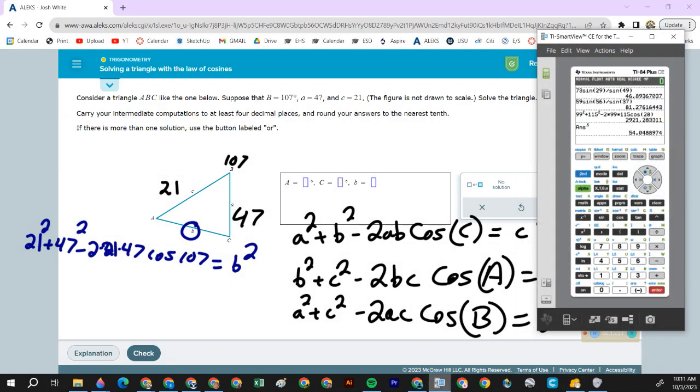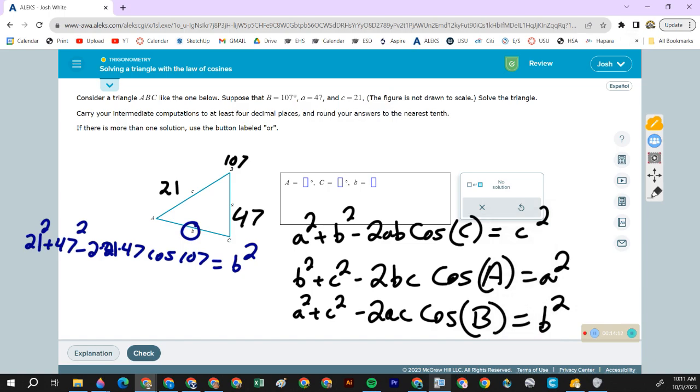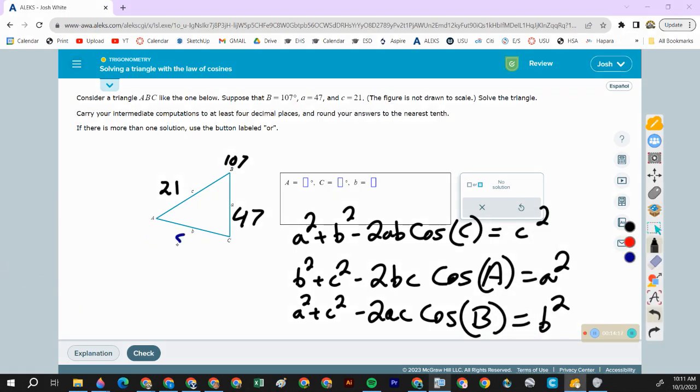All right. 21 squared plus 47 squared minus 2 times 21 times 47 times the cosine of 107. And then I take the square root of that, and I get little b is 56.8.